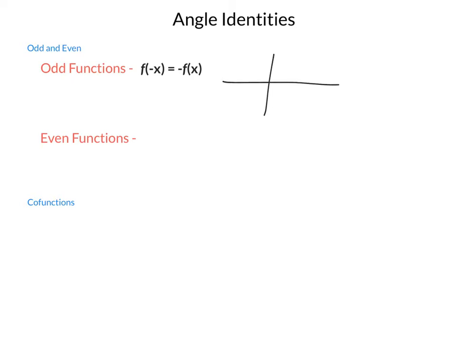If I have a graph on a standard set of axes, and I have a point here, so this is x, and this is f of x. What this is saying is that if I put in the opposite x value, so I go the same distance in the other direction on x, I'm going to end up with the same value in the opposite direction for y.